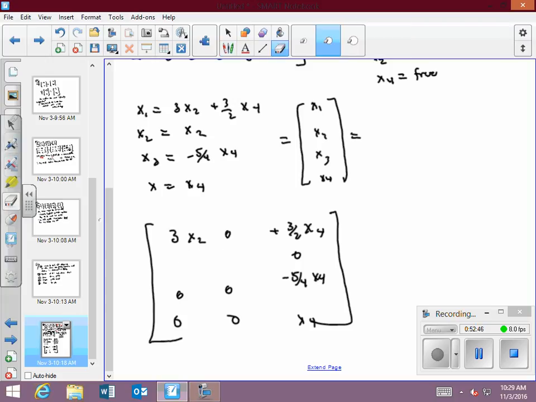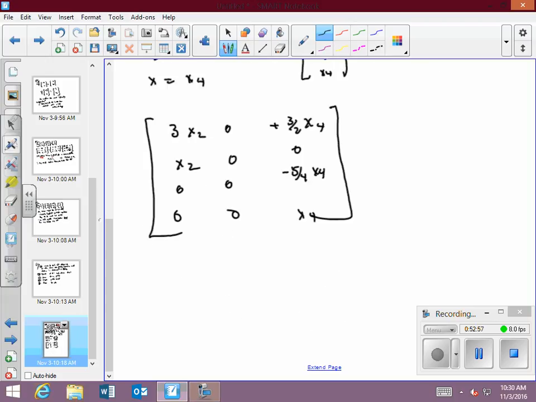This is an x2 and then a 0. Okay. Now I got it. Don't I have it right? So then this is x2 times 3, 1, 0, 0. There's no x3s. Plus x4, 3 halves, 0, minus 5/4, 1.